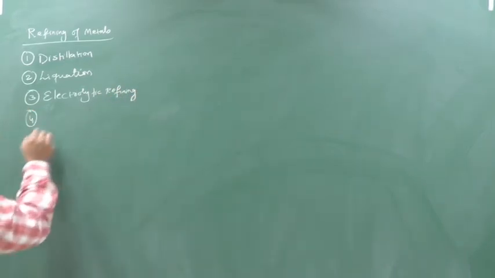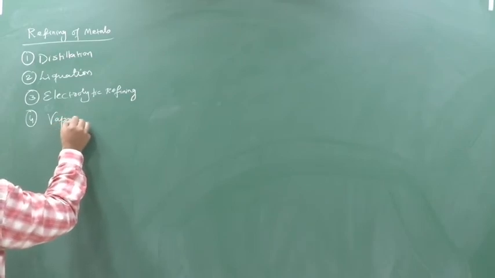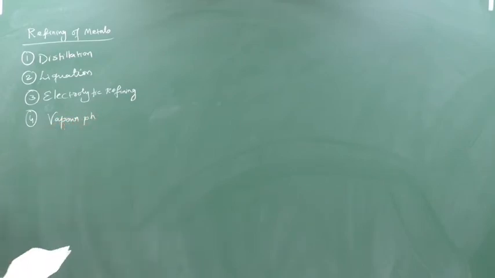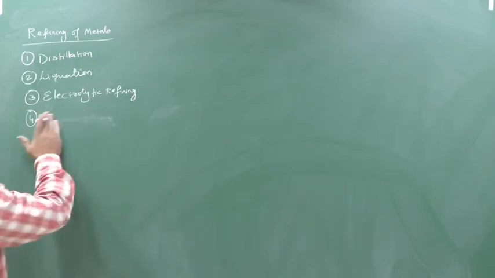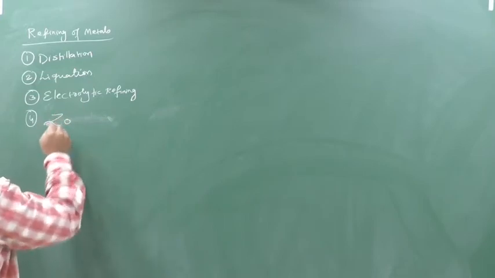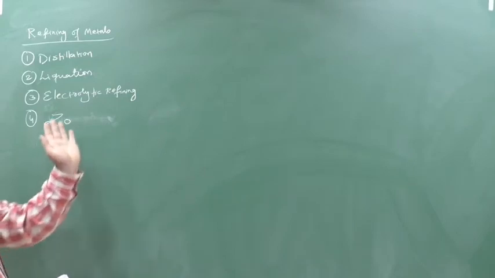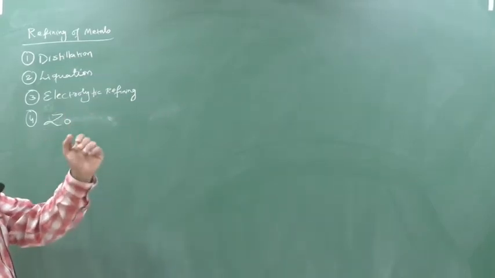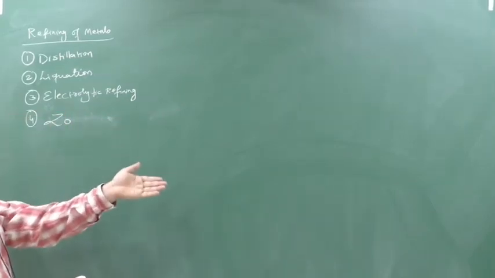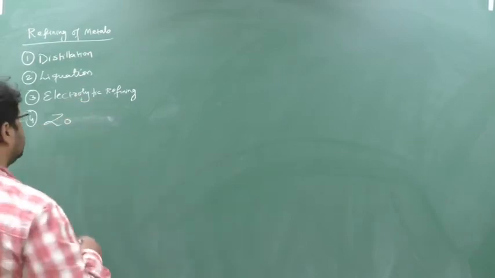Fourth, we are going to see about zone refining process. And usually what I will do, I will try to share the link of each and everything, so that you can visualize in YouTube videos. I will find the animated videos and I will share the link. Clear? So zone refining.